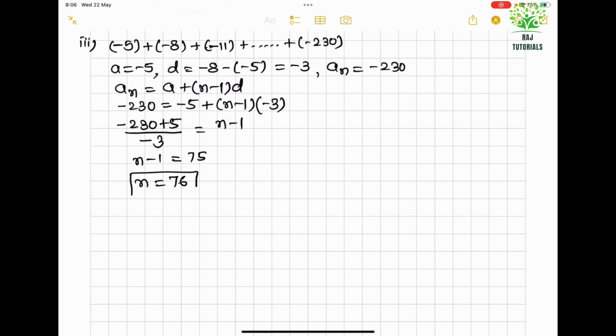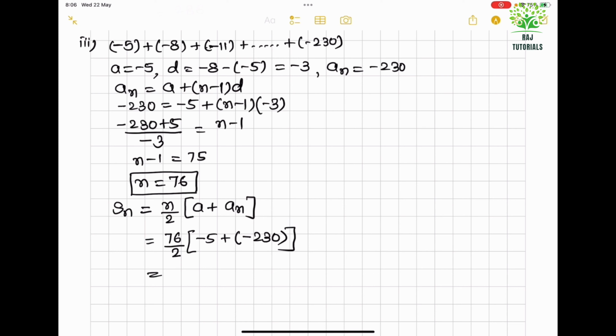Now I can use another formula also to find Sn, that is n by 2 into (a plus an), or last term, where we wrote L also there. So n by 2 means 76 by 2, into a, the first term, minus 5, plus the last term, minus 230.